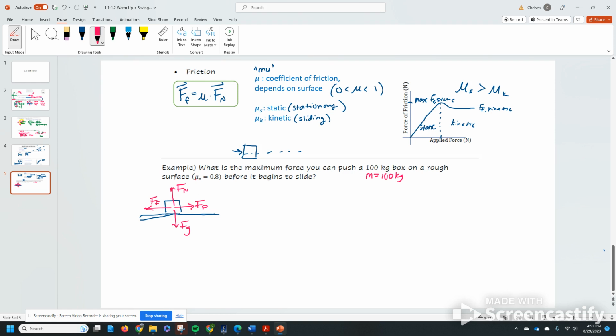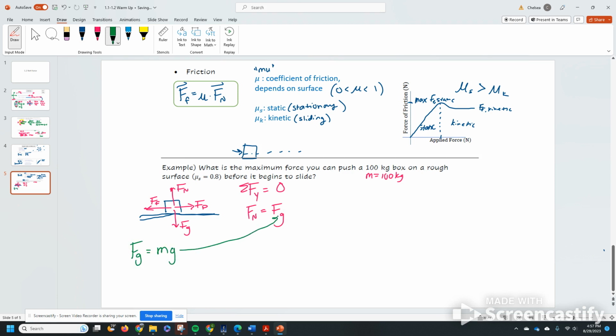So let's start with our sum of forces. Everything is going to equal 0. Let's start in the y direction, that's going to make our life easier. I know that my y forces are balanced, so my normal force pointed up has to equal the weight. And from a little bit ago, we know that weight is equal to mg.